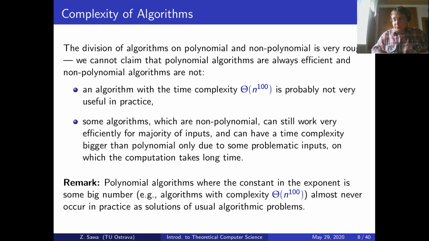If they do it in a more clever way, it can still happen that for some inputs exponential running time could occur, but on many inputs these algorithms could be more efficient.